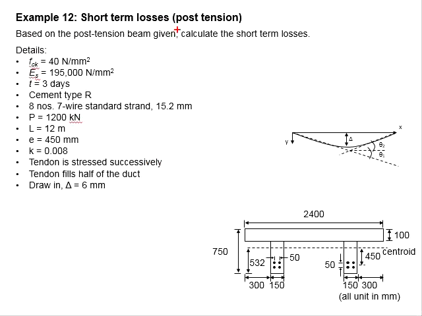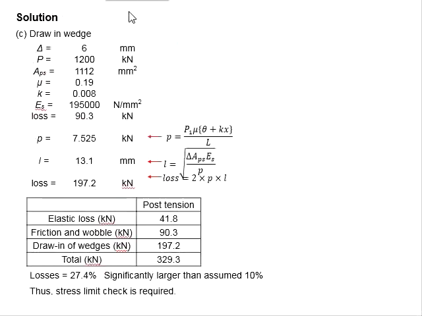The question asks us to determine the short-term losses of the section. That means you will need to sum up all three types of losses for short term. These summations will give you 329.3 kN, which is about 27.4%.